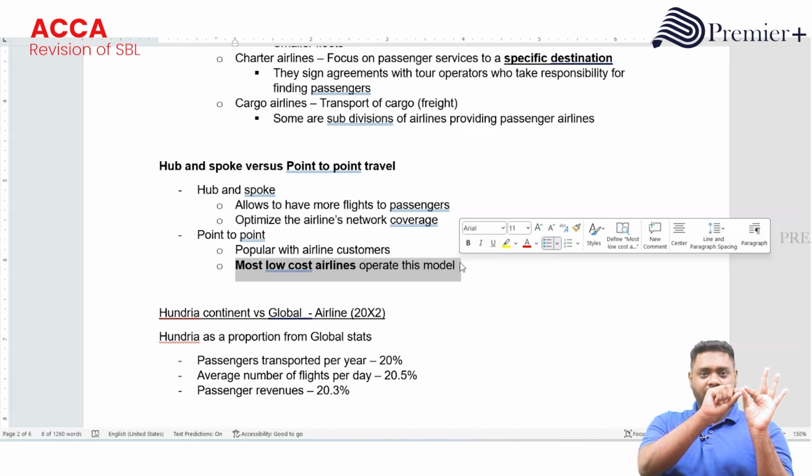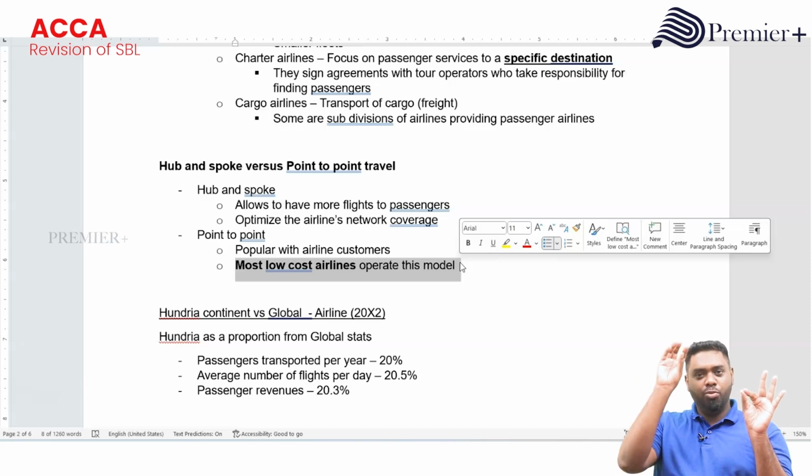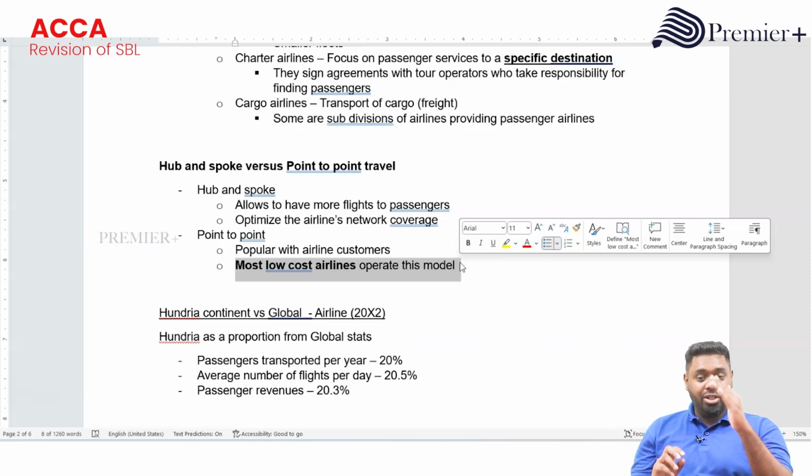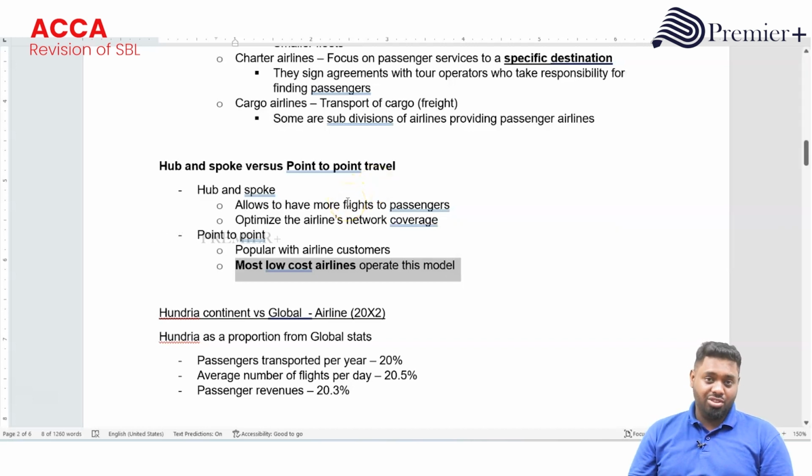With hub and spoke, the first flight goes from A to C and then C to B. So passengers of both C and B are accommodated together. So we have a large number of customers, which allows to have more flights to passengers. Okay, and passengers take two flights as well. So it can add revenue because one flight will accompany customers of multiple destinations.